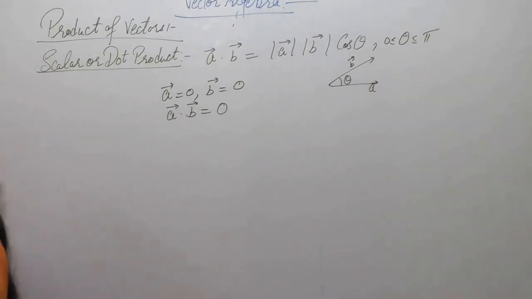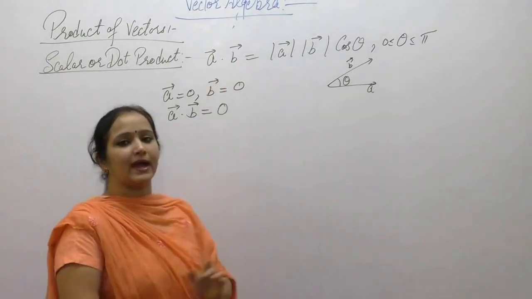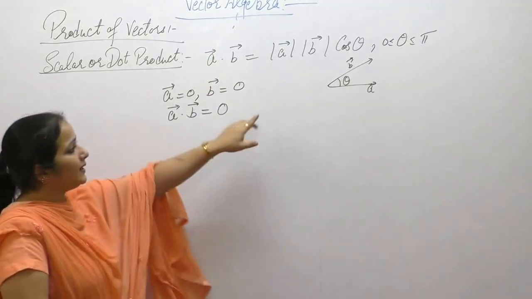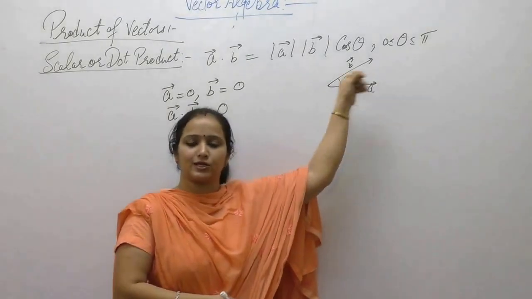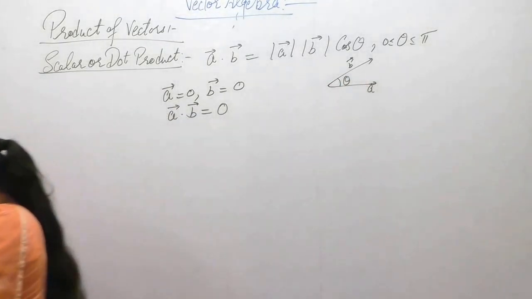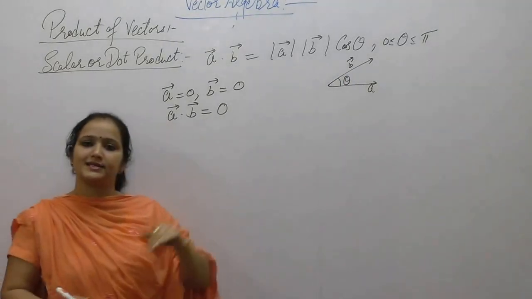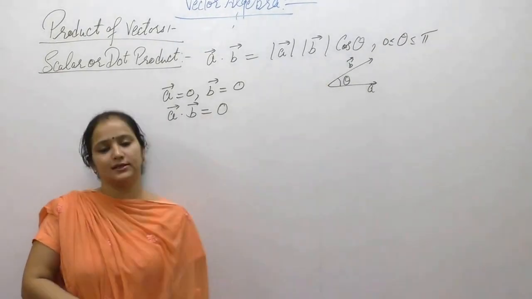Now why have we used cos theta here? When we have to multiply two vectors, they should be in the same direction. But A vector is in this direction and B vector is going in this direction. So we make one in the same direction by taking the angle cos theta.